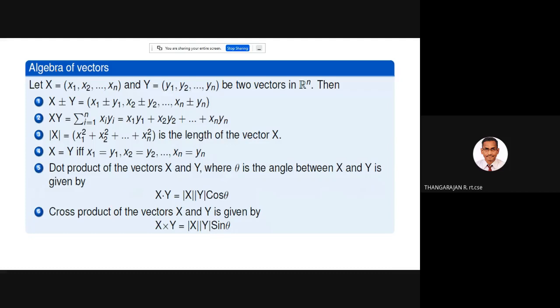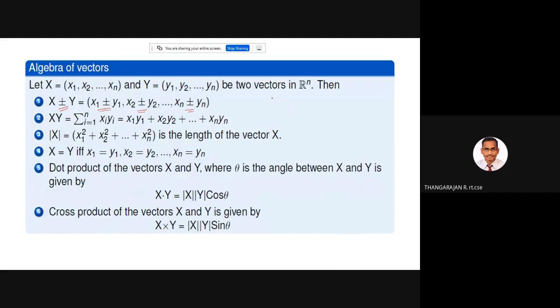Now, what is the algebra with vectors? Just like you have algebra with numbers, you can have algebra with vectors. You can add vectors. I told you an example of adding vectors with arrows, but actually addition of vectors happens with component-wise addition.